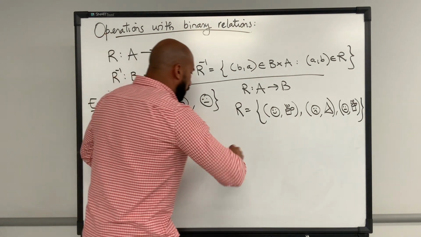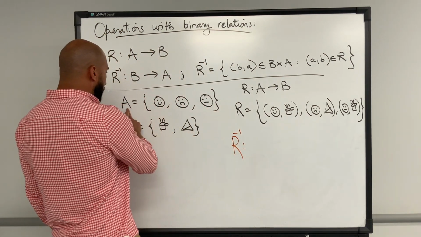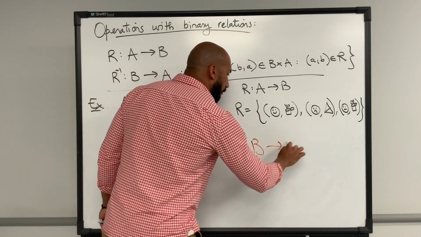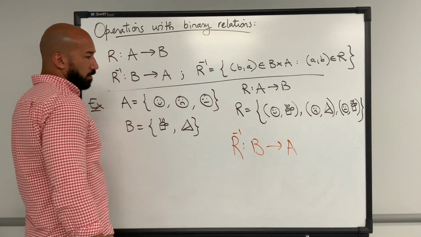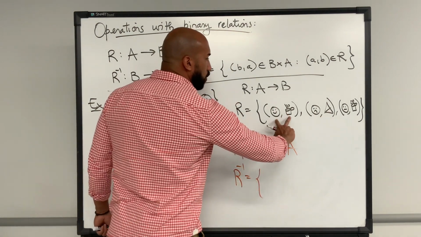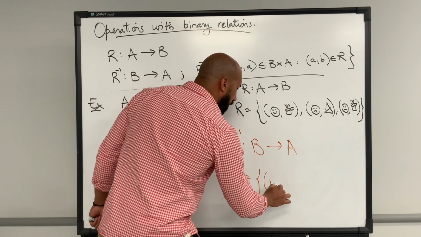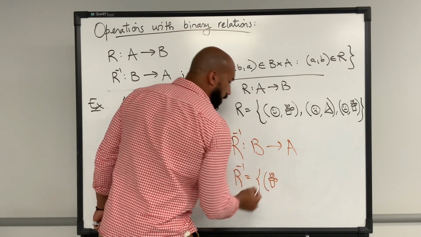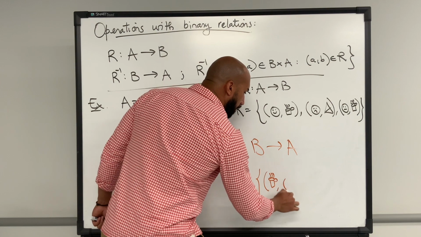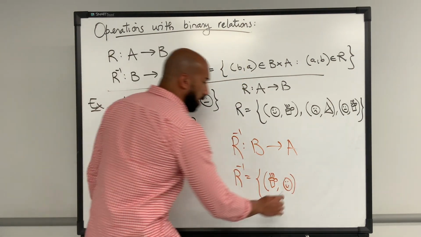Well, in this case it's pretty easy. The inverse is going to be now from B to A. All right, and the only thing that we need to do is to switch the components of every pair. So now if we switch the components of the first pair, we are going to get coffee, happy face.